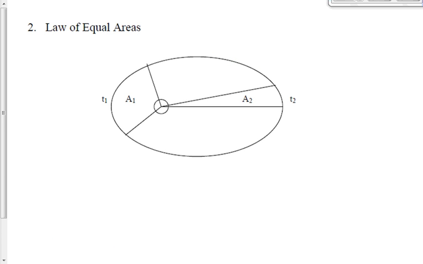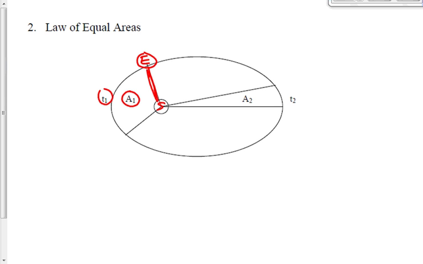Then we talked a lot about the equal areas, the law of equal areas. This is a tricky one. In words, this one says, a line joining the Earth to the sun, here's the sun, here's the Earth, a line joining the Earth to the sun sweeps out equal areas in equal times.